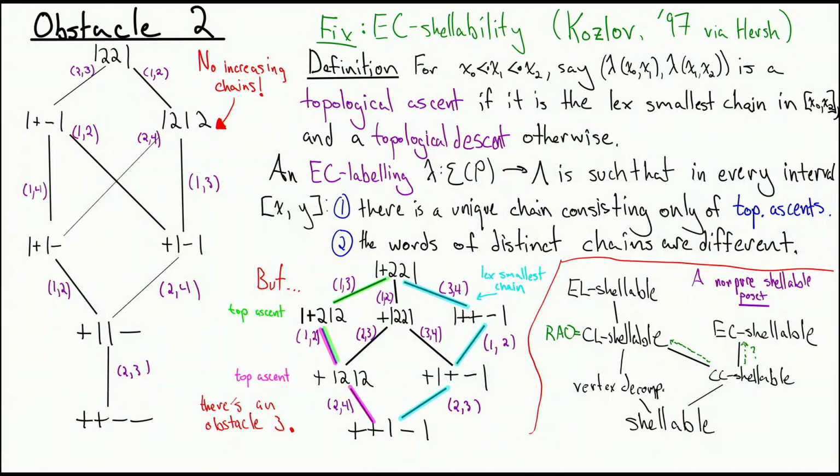So another thing we tried is this EC shellability notion of Kozlov, which seems adapted to this kind of setting, in which you don't have to have literally increasing labels. You just need to have a smallest label on every interval of length 2. But what this EC shellability condition says is if you're smallest in one interval of length 2 and one above it of length 2, you should be smaller in the larger thing.